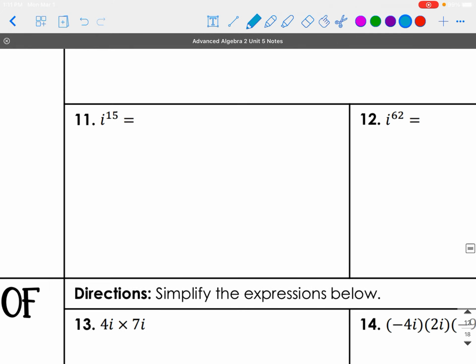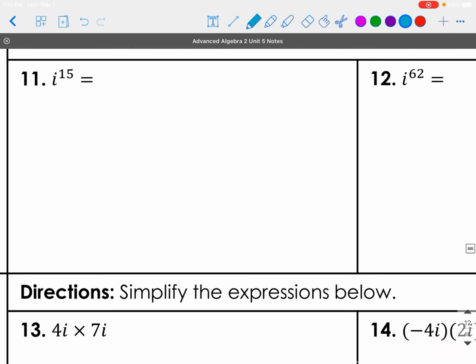So let's do some examples of just some bigger numbers. If your exponent is odd, you have to take out one of the i's. So we took out i. We're left with i to the 14th power. That i to the 14th power can be broken down. Let's just carry that down.